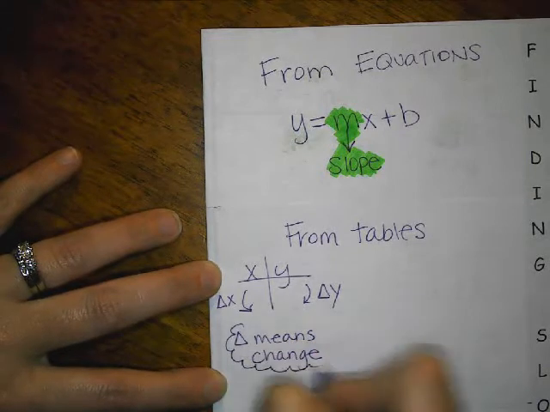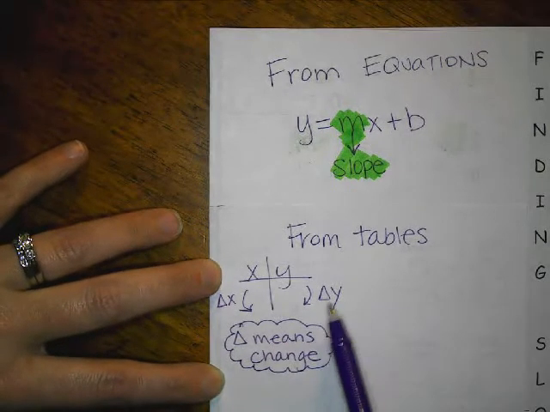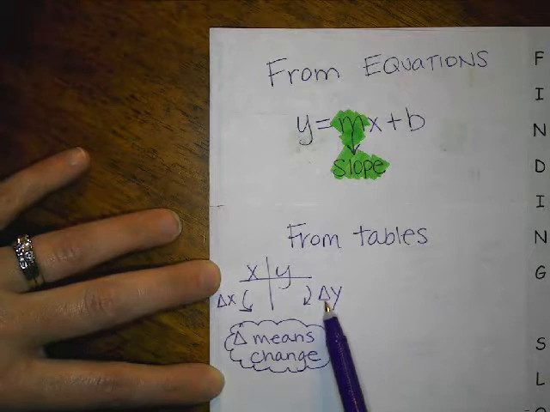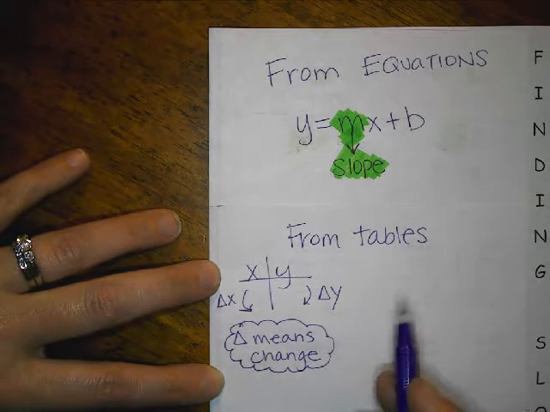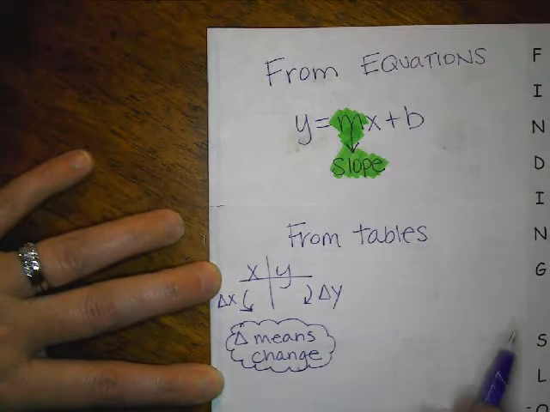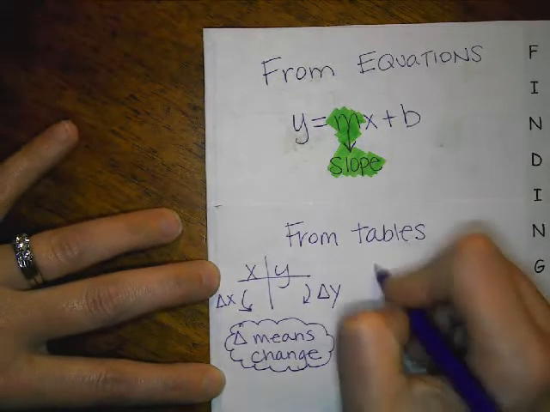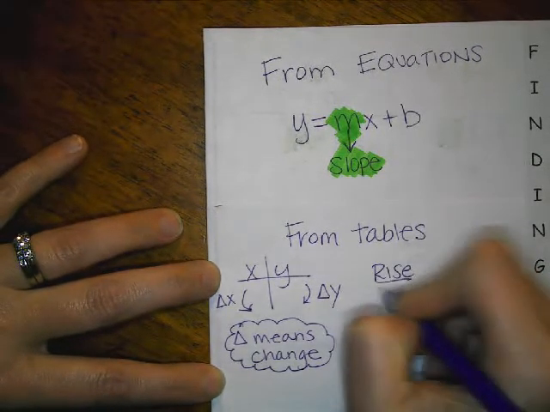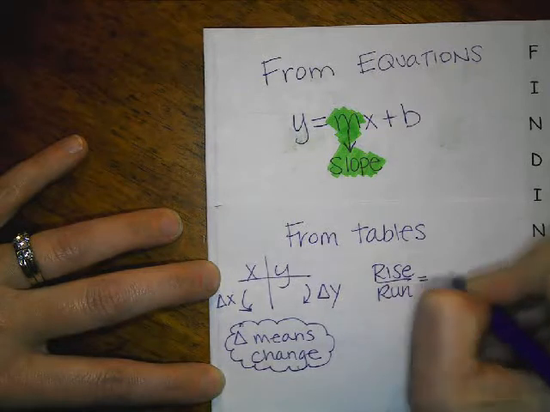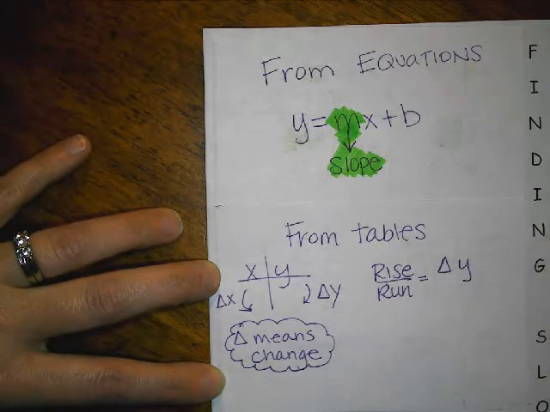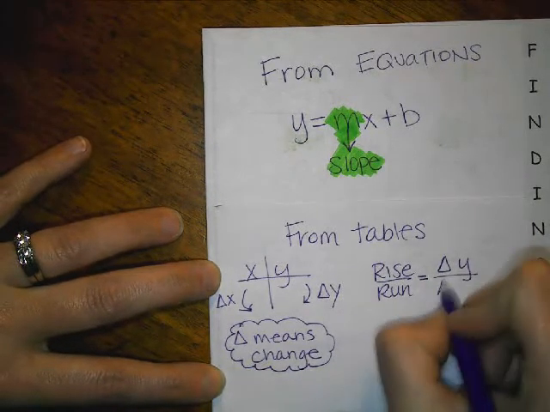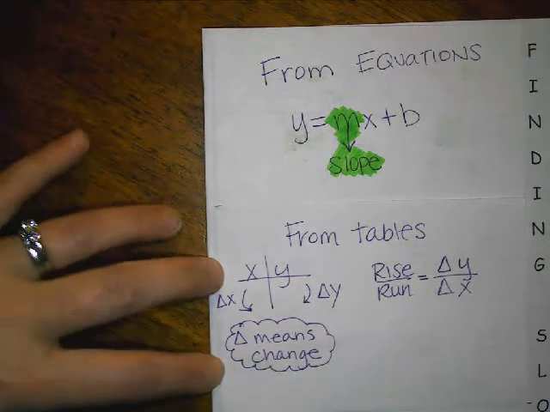That might be something you've never seen before, but I always write change with a triangle. I don't want to write out the whole word change. And then over here, we're going to write rise over run, and that's equal to how much the y changes over how much the x changes.